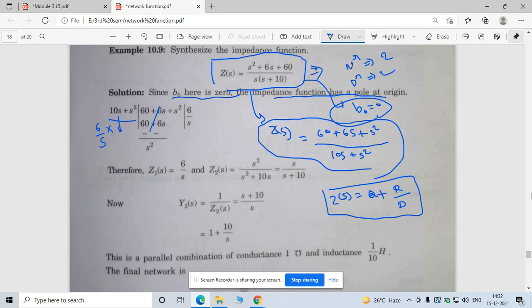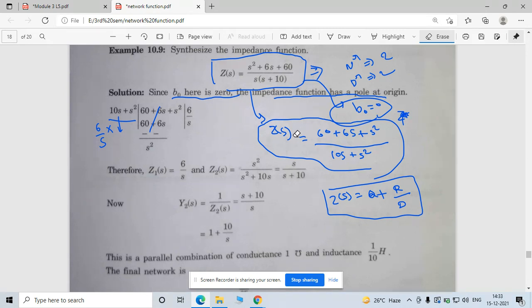I explained that ladder circuit in previous classes of this unit number 3. In that ladder circuit, Z of s is represented in such a format that Z of s is Z1 of s plus 1 by Y of s. I already covered one example.